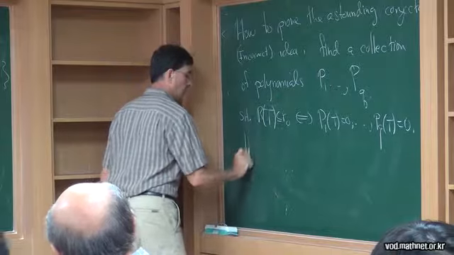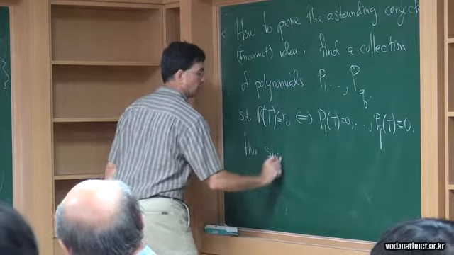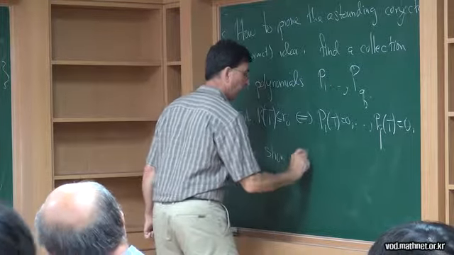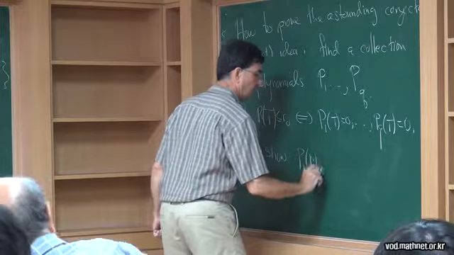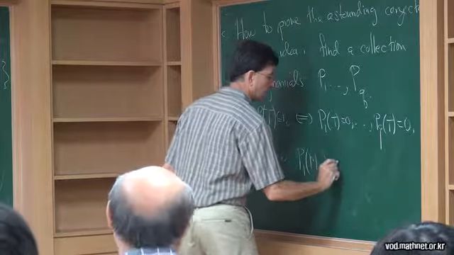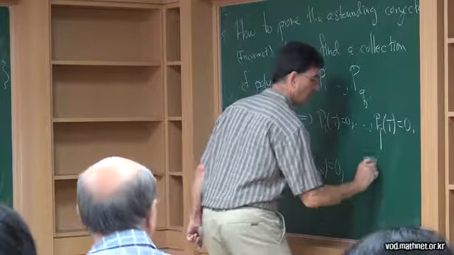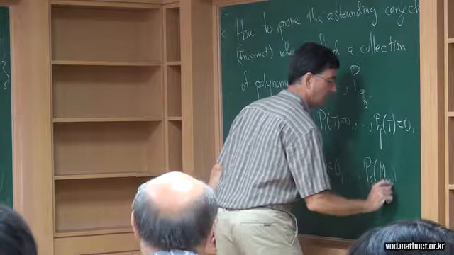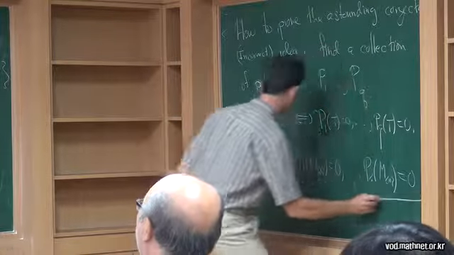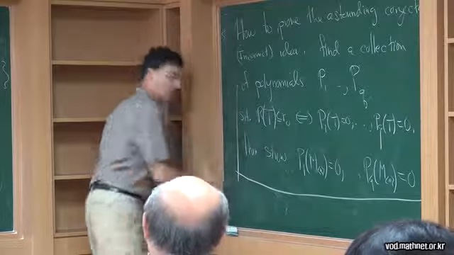And then show that P1 of Mn equals 0 up to PQ of Mn equals 0. This is the idea.